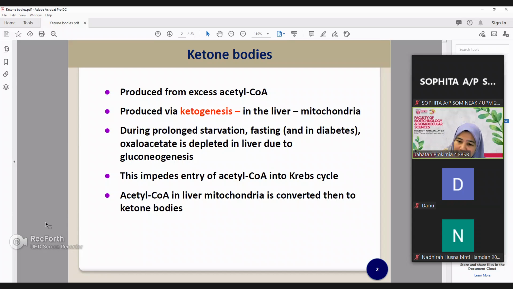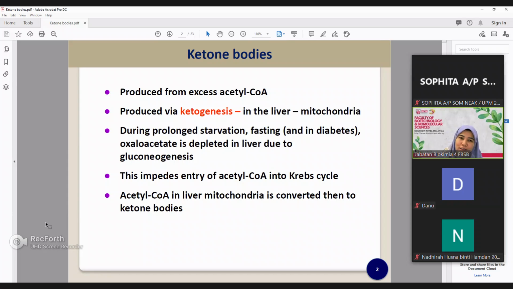So during these scenarios, it can trigger ketogenesis. For example, during prolonged starvation, fasting, and diabetes, glucose has been used and lactate is being depleted in the liver due to gluconeogenesis. Same goes to glycogen.